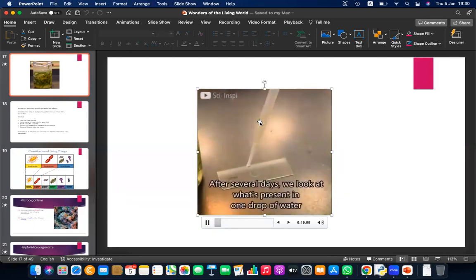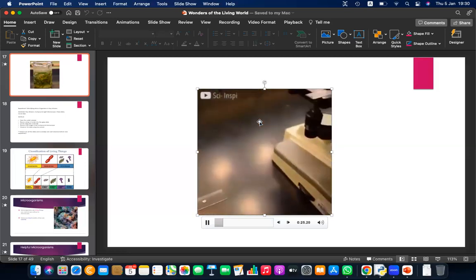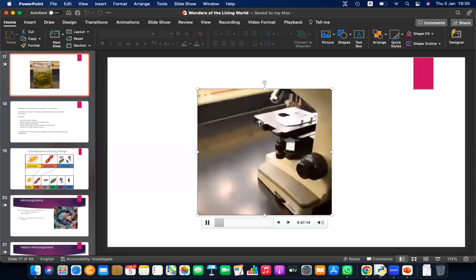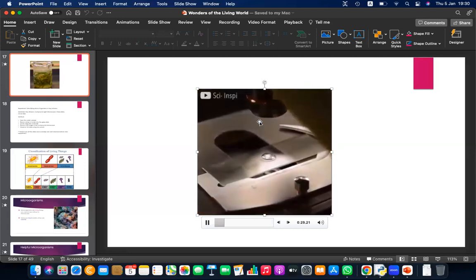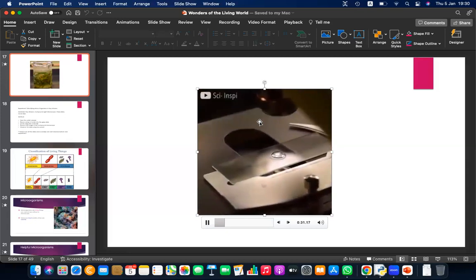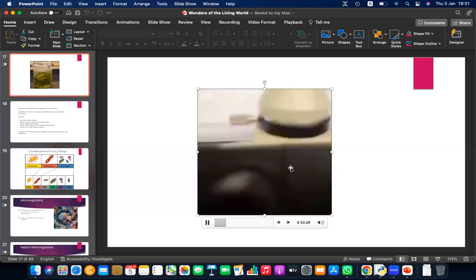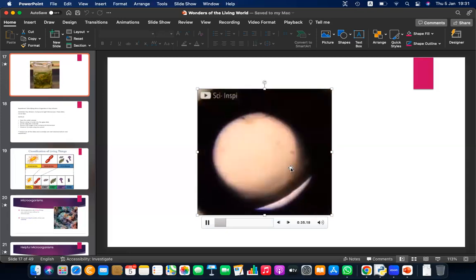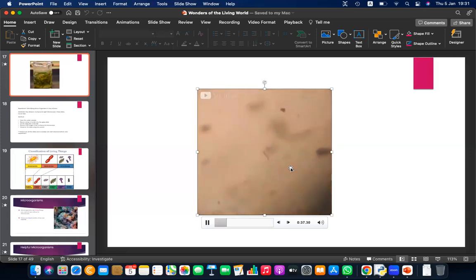So a lot of bacteria, fungi and algae will develop in the solution. So when you look at that using a microscope, then you can see here.